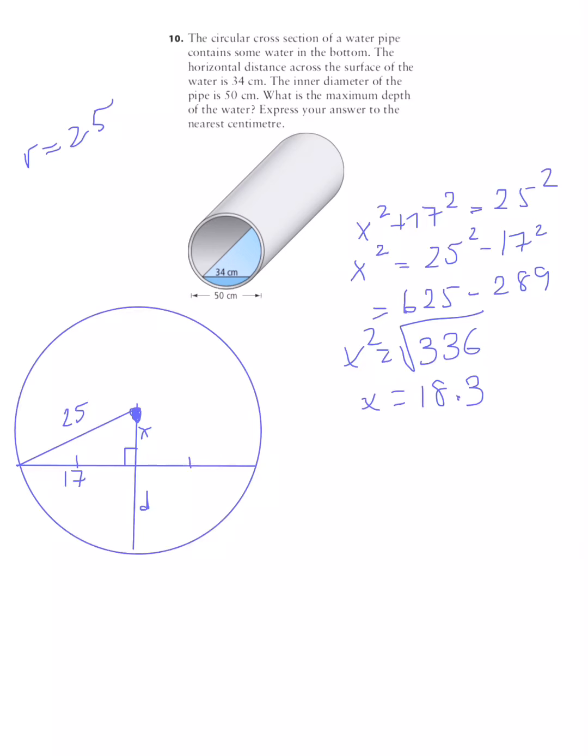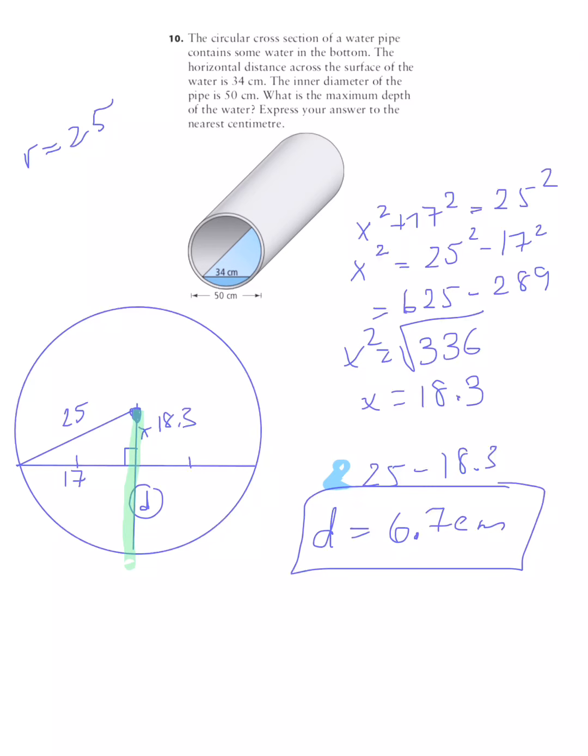Okay, so this is 18.3. To find the depth of the water, because this is also a radius from the center to the bottom, we're going to minus 18.3 from 25. So 25 minus 18.3, and I get the depth of the water is going to be 6.7 centimeters.